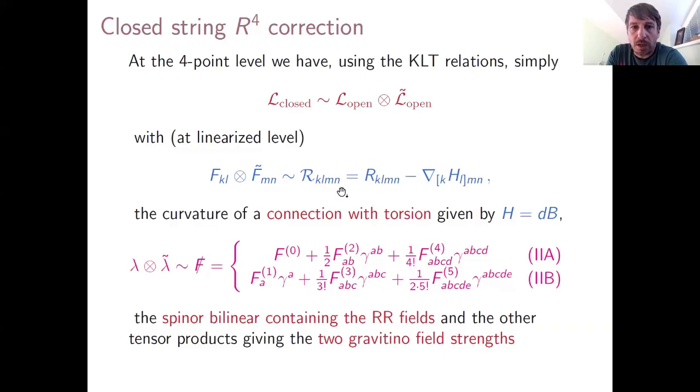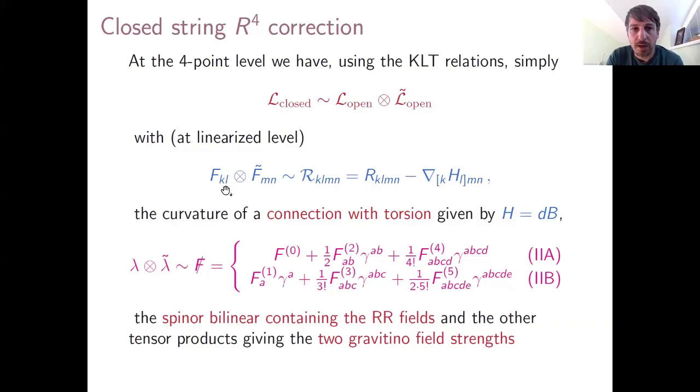That becomes this curly R, which is the Riemann tensor minus the derivative of H. And this whole combination, this curly R, is the connection that you get if you take the spin connection to have a torsion given by the field strength of the B field. Okay, so you shift the spin connection by H, which you can do. That means that you have a non-zero torsion, and the field strength of that gives you this curly R. Okay, and that's the combination that appears.